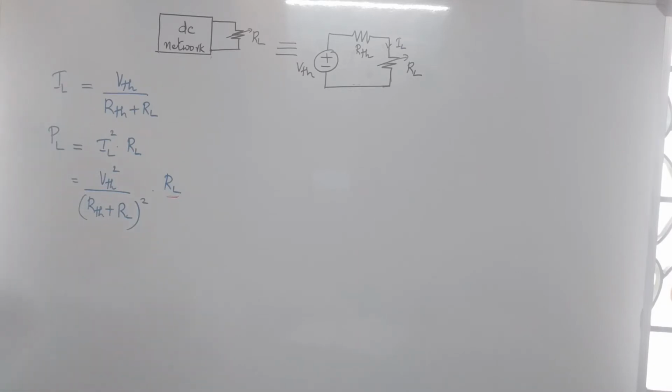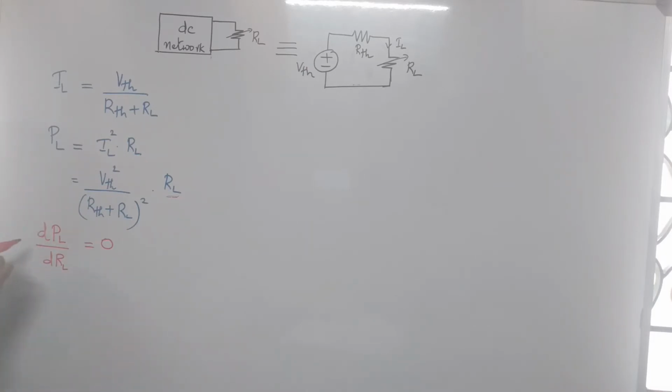So we have to find out the value of RL for which maximum power is transferred. That can be found by finding out dPL by dRL and equating it to 0. That is, rate of change of power with respect to RL should be equal to 0.